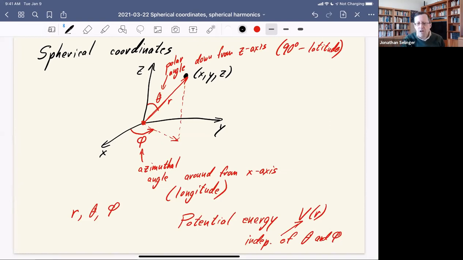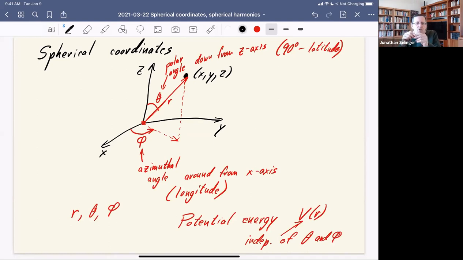And so what we do, of course, depends on what the potential energy is in any specific problem. But there are a lot of problems where the potential energy depends on the distance out from the origin and not on the direction. Right, where the potential energy has a spherical symmetry, that the only thing that matters is the distance from the center.